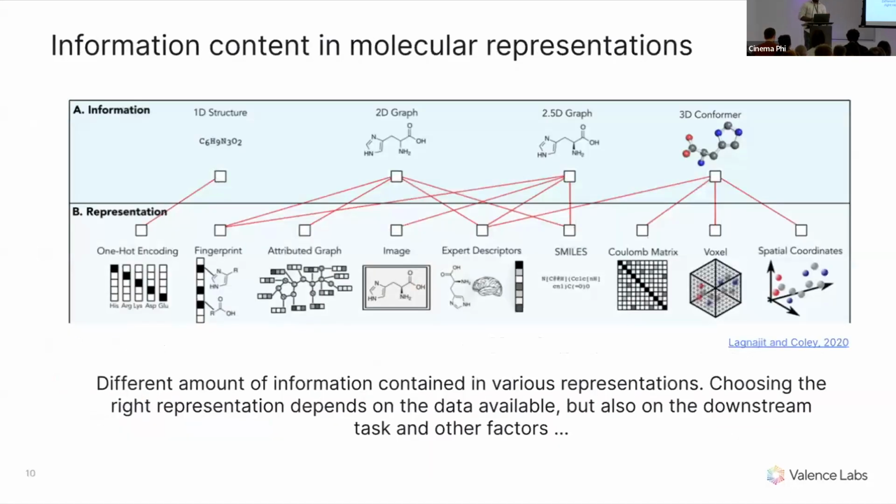So let's talk about the information that is contained in these representations. I really like this figure here from Connor. Basically, you have different levels of information when you think about a molecule. You have the 1D structure, which is quite common.